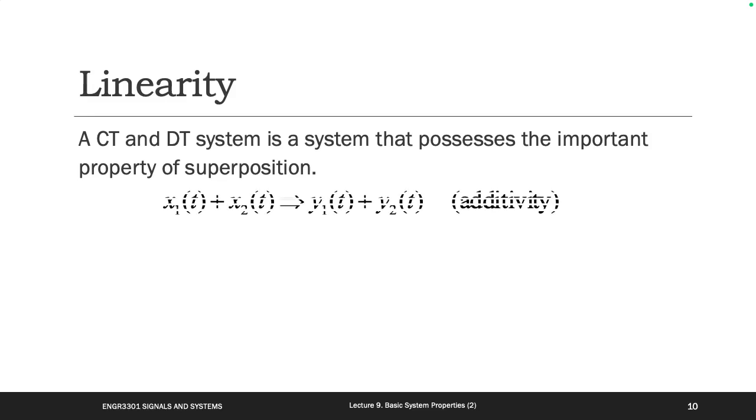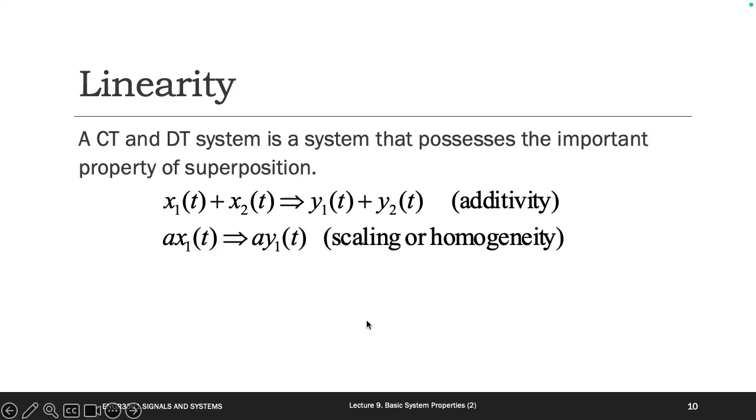Like you can see here, this is some input, which means if the inputs are added together, then the outputs can also be added together. And if we apply a scaling to the input, then we have the same scaling for the output. This is the superposition.